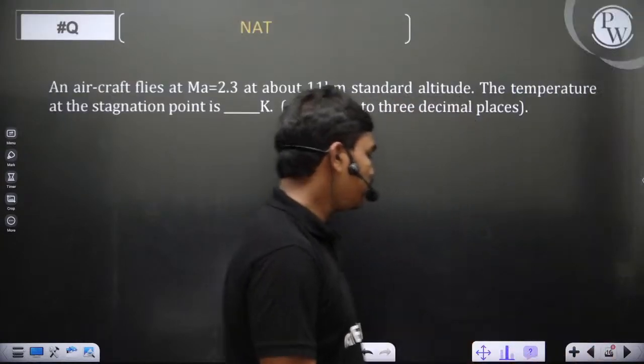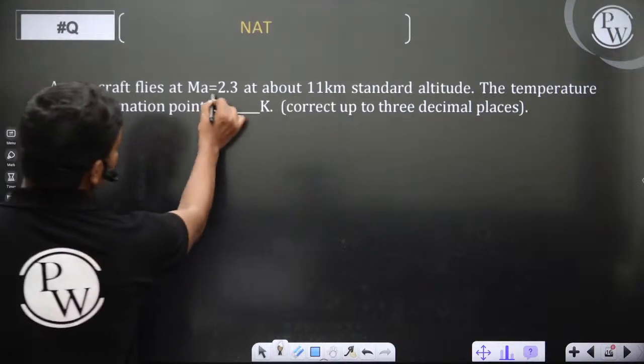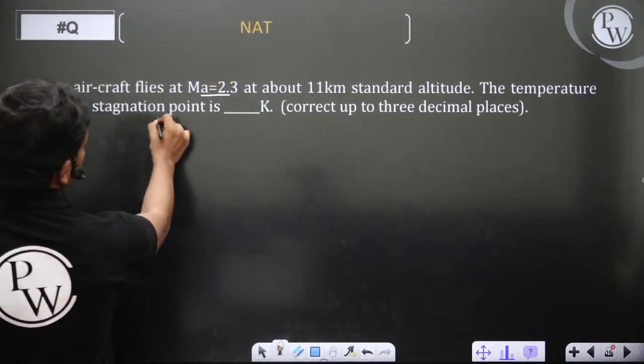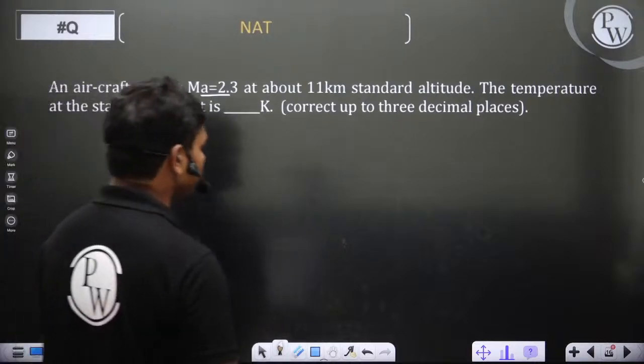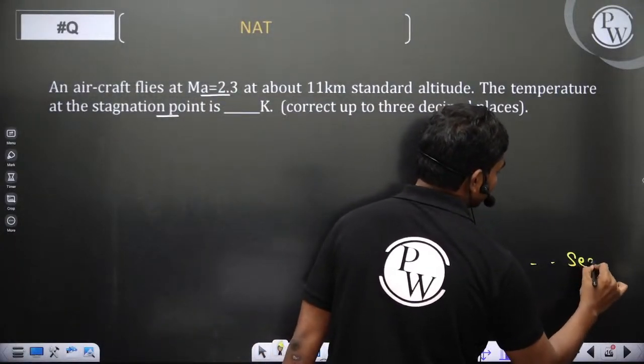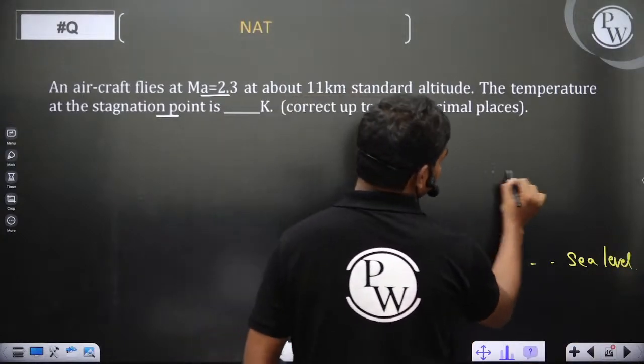Let us solve this question. An aircraft flies at Mach number 2.3 at about 11 km standard altitude. The temperature at the stagnation point is dash Kelvin. So this is sea level, for example, and there is an aeroplane flying at this point.